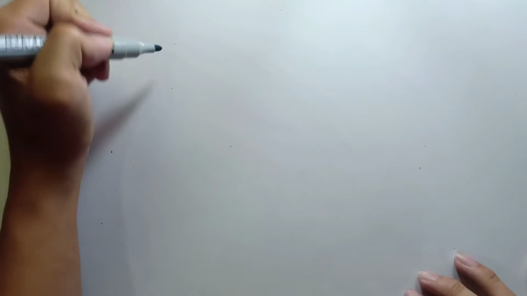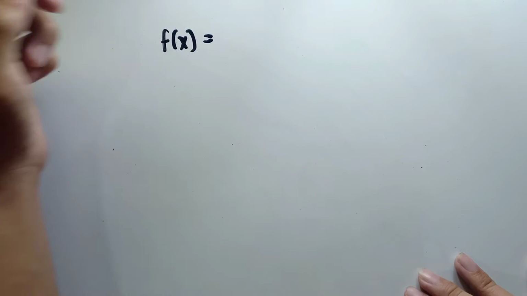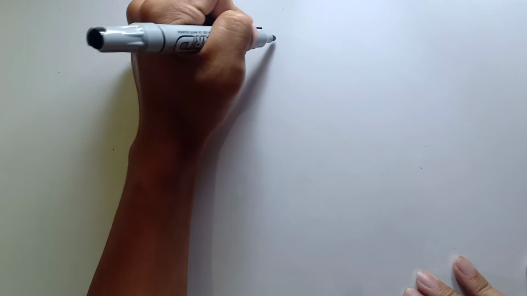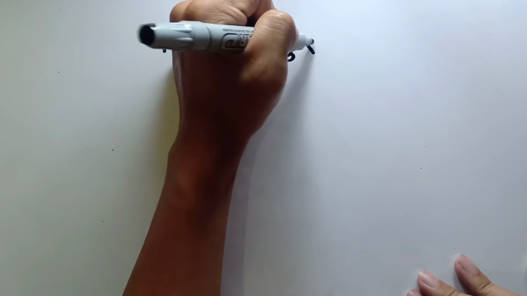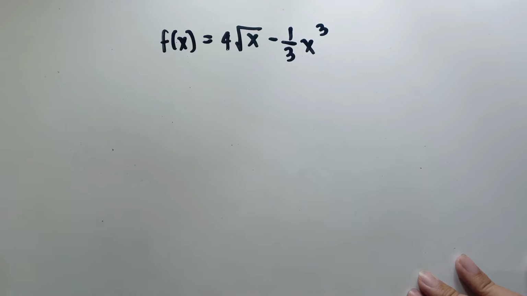The next function is f of x is equal to 4 square root of x subtracted by 1/3 x raised to cube. So to differentiate this, guys, this is just a little bit harder than the previous problem.